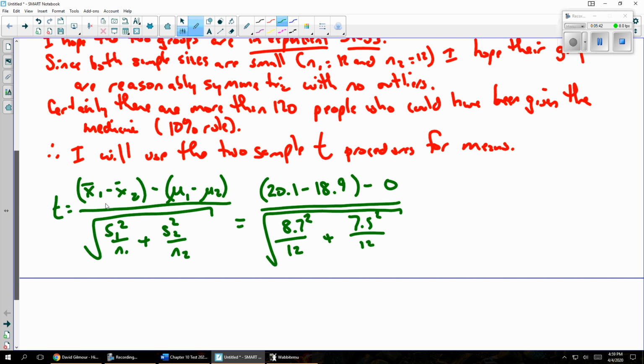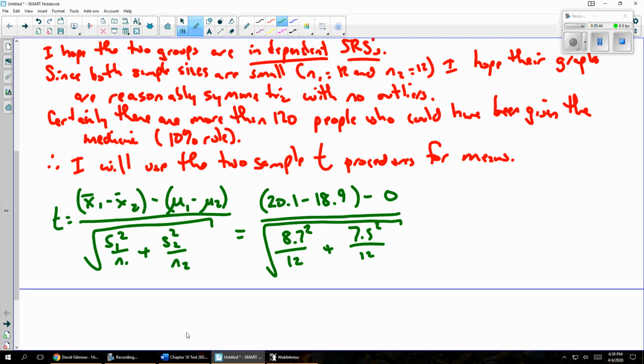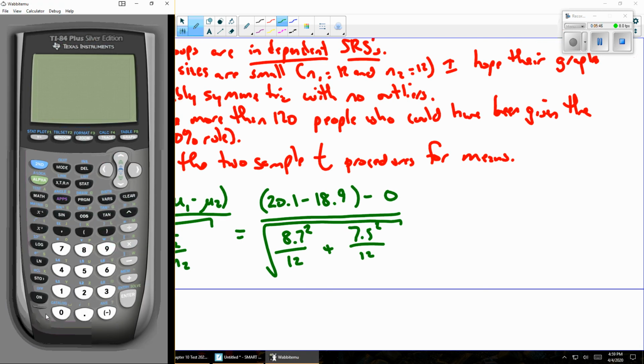Now, I do not advocate doing this out the long way. At this point, I would grab my calculator and I would go to 2-SampTTest and type in this information. So x bar 1 is 20.1, et cetera, et cetera.